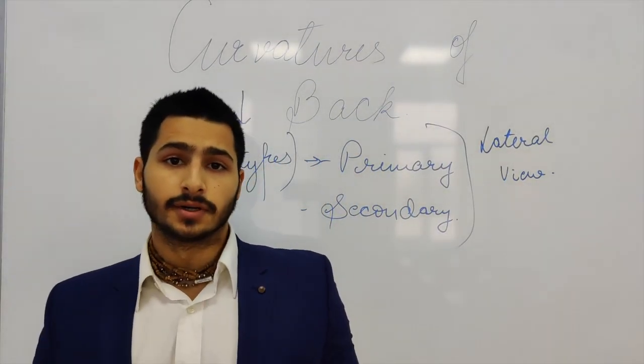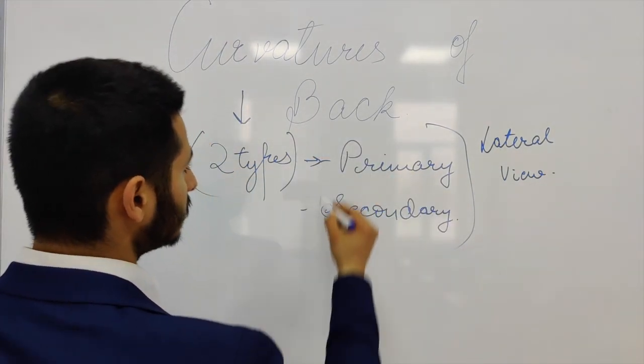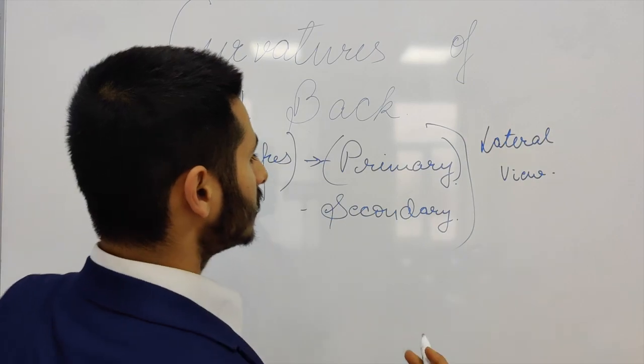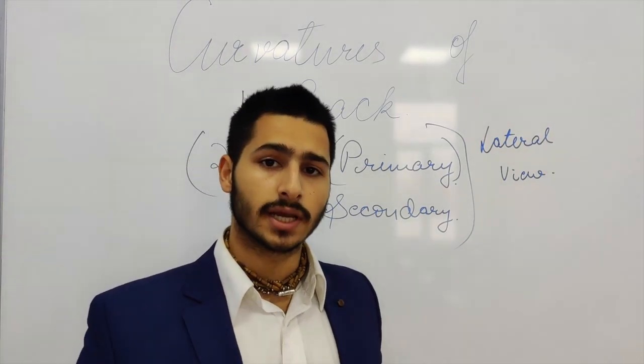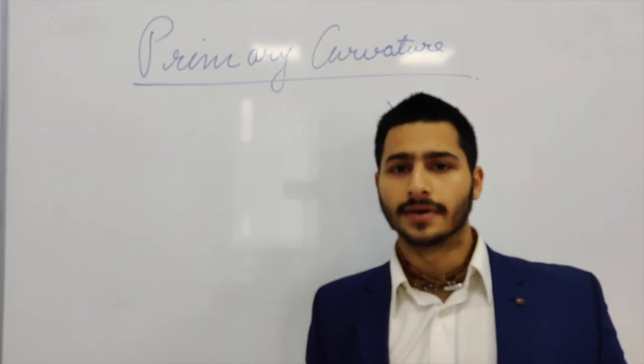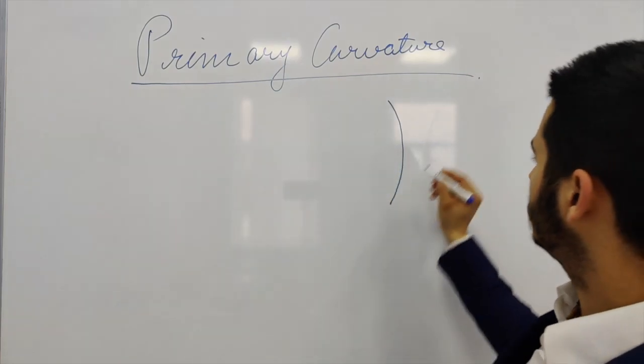Now the primary curvature, the reason we use the word primary is because this resembles the shape of the embryo. That is the original shape of the embryo. The primary curvature is concave anteriorly.